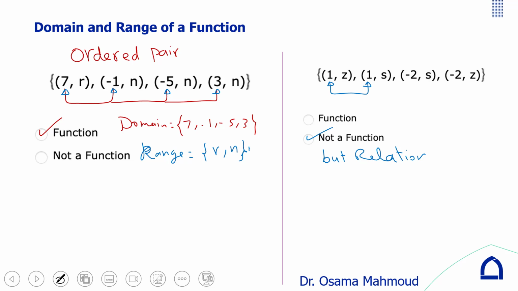If you would like to find the domain, keep taking the left element. If it is repeated, no need to take it twice. Okay, so the domain will be 1 and -2, and the range will be Z and S only, because when you write a set, no need for repetition.